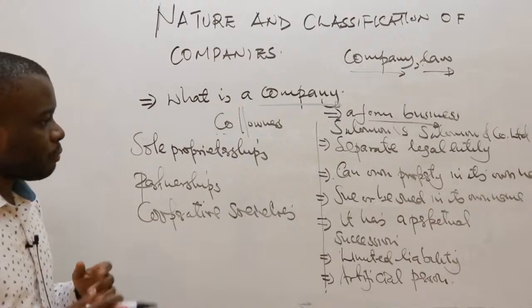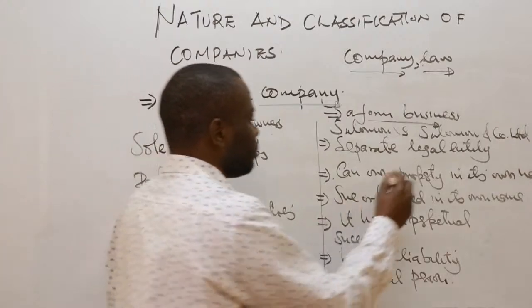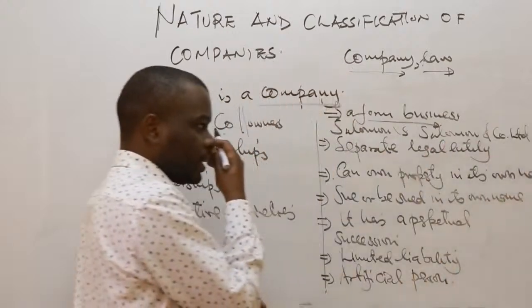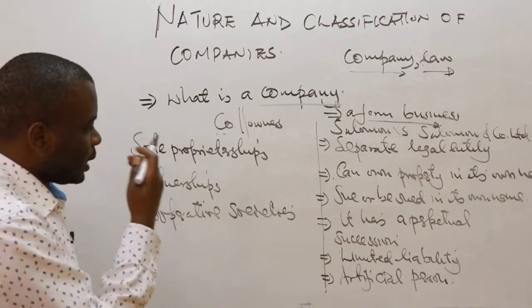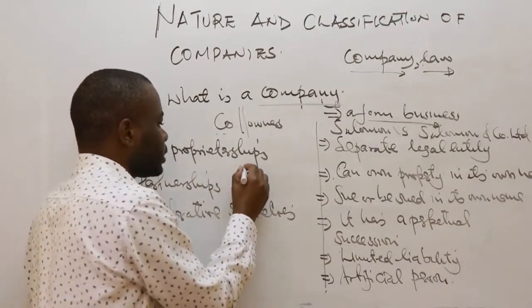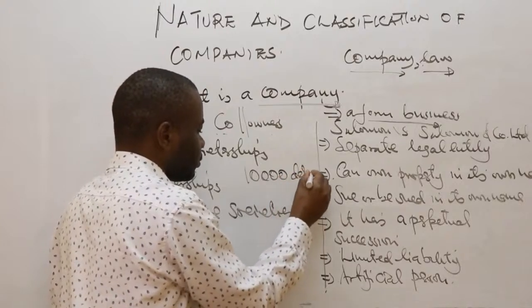As a result of transferring the business to Salomon and Company Limited, he was given the highest stake in the business, owning 10,000 debentures.